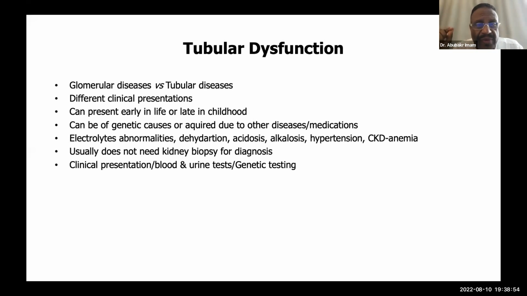Most of the time, and we'd like you to remember this about tubular dysfunction, there is a genetic cause that can be attributed to these diseases. However, we know that there are sometimes acquired forms due to other diseases, as we're going to see, or due to medications.